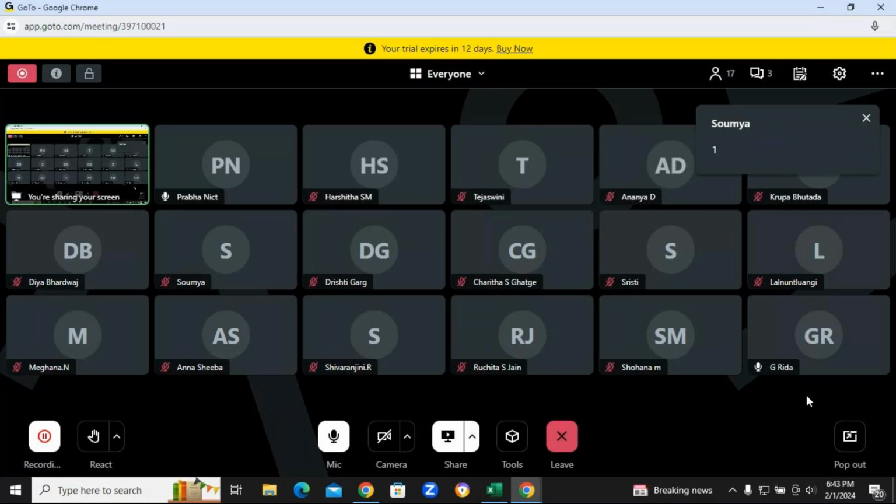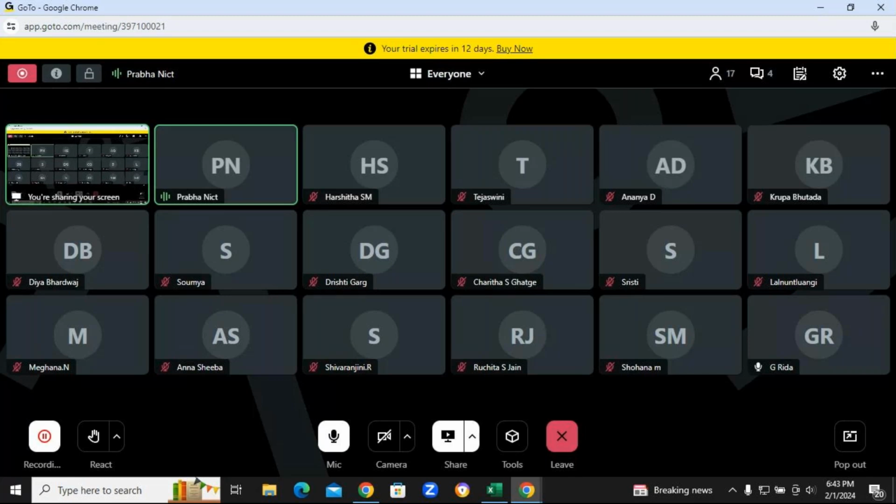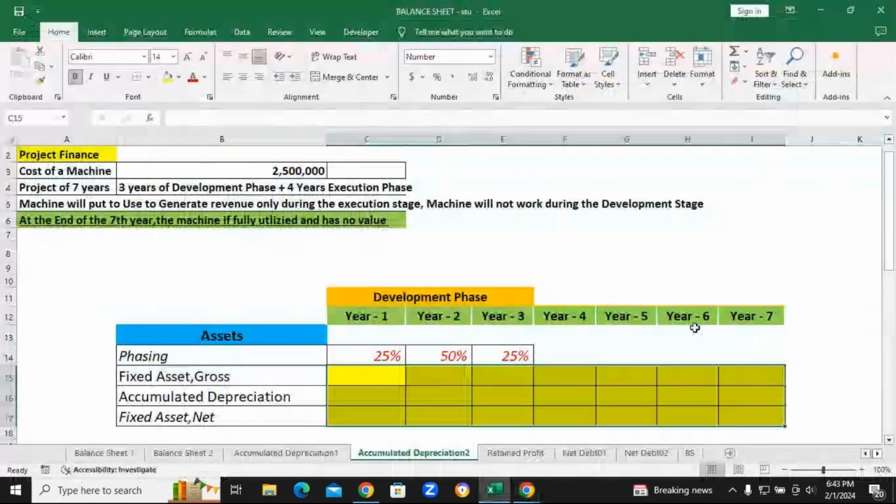See, if you are clear, then only we can go further because we have to start up with the case study. Okay, most of them have told yes, it is clear. So let's continue with the other part.